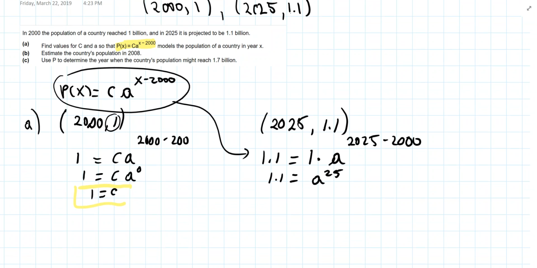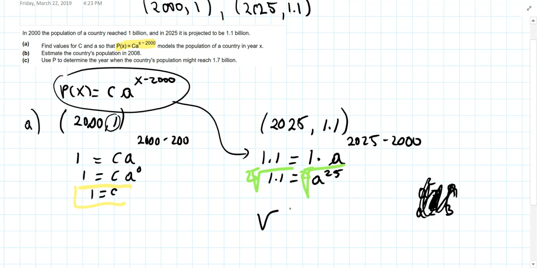So what I have to do is take the 25th root of both sides. Just recall, if I have A squared equals 9, I take the square root of both sides to get that A equals 3. This is similar. I have to take the 25th root of both sides, so instead of just the square root, it's the 25th root.